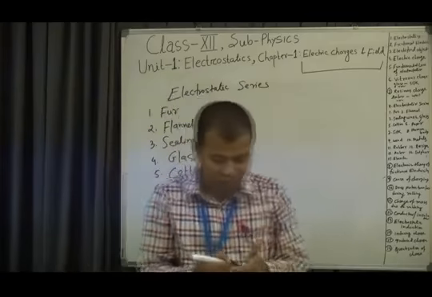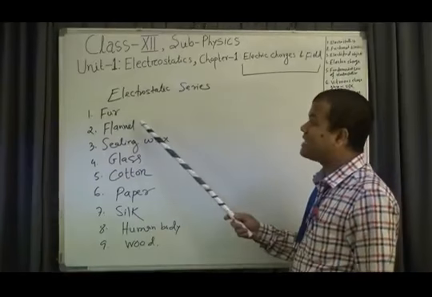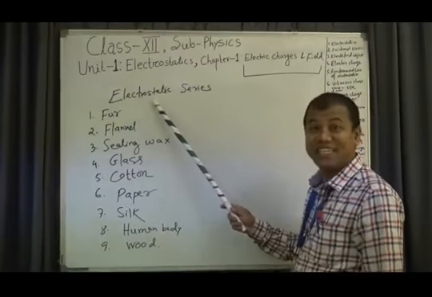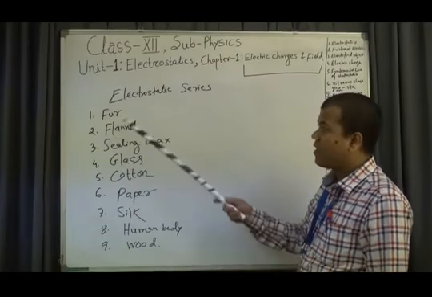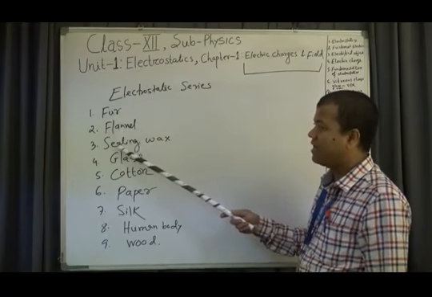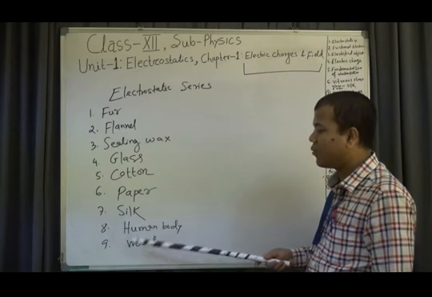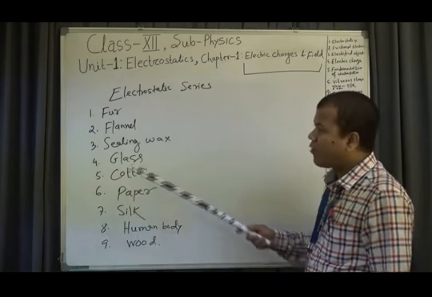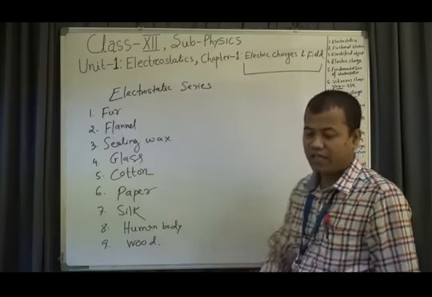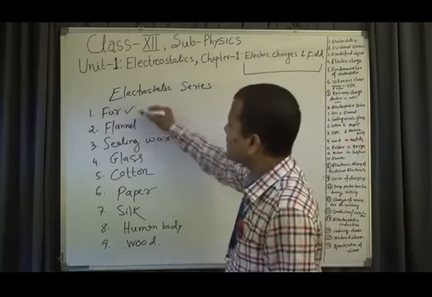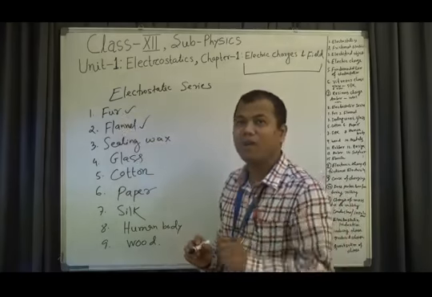Now, let me explain about these different objects. There are different objects. I have written 9 objects. Number 1 is fur, then flannel, sealing wax, then glass, cotton, paper, silk, human body, wood. Now, if I take fur and flannel, number 1 and number 2, and if I rub fur with flannel, then what will happen?